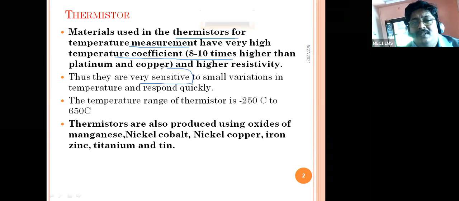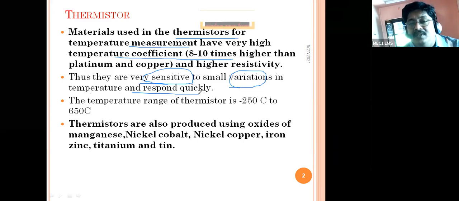As I said, it's very sensitive. That means this thermistor works only in a particular range. If it exceeds that, because it's a very sensitive element, the thermistor fails to work. It is sensitive to small variations in temperature and responds very quickly, giving the output very fast.